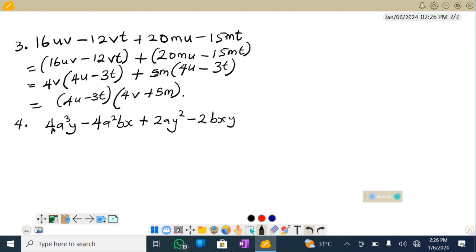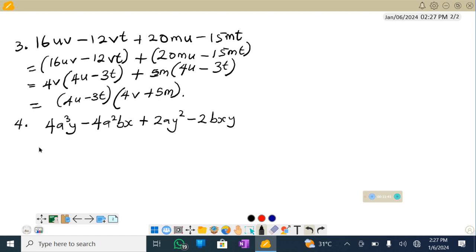Okay, so we have 4a cubed y minus 4a squared bx plus 2ay squared minus 2bxy. So the same thing that we have been doing, you group them and factorize.